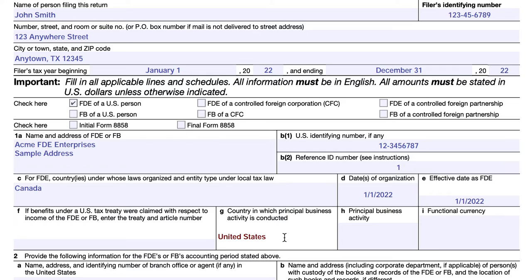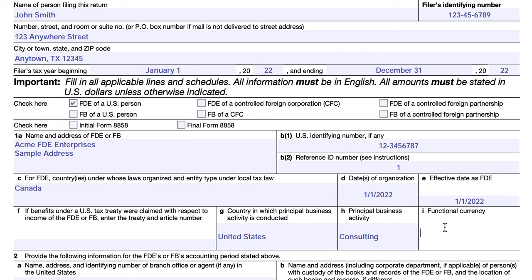Now, you can list the principal business activity here. So let's see. We'll just say that it's a consulting firm and that their functional currency happens to be whatever the ISO code is for Canadian currency.